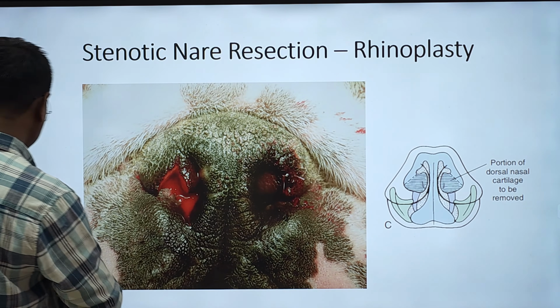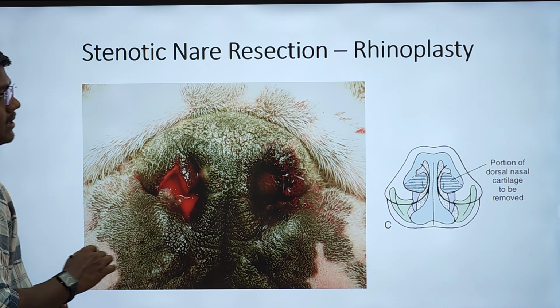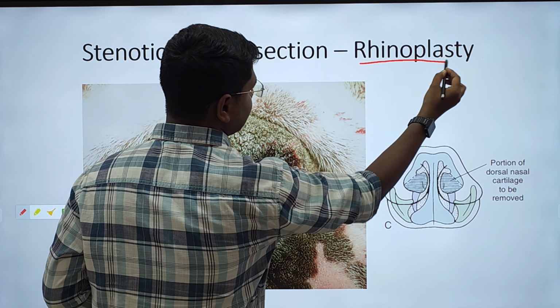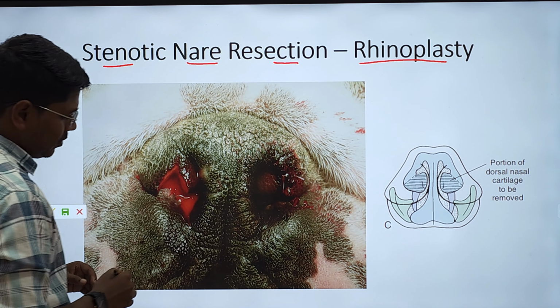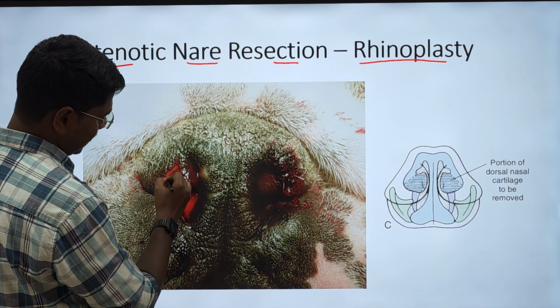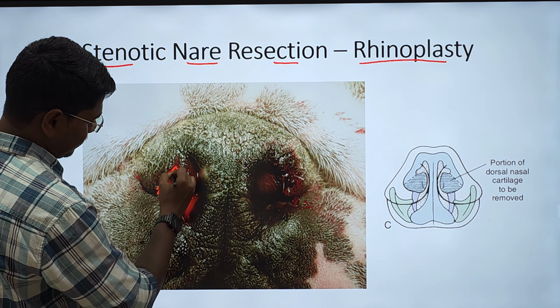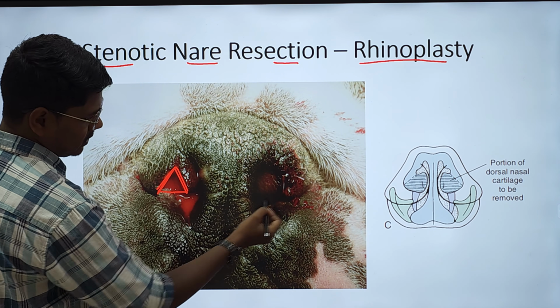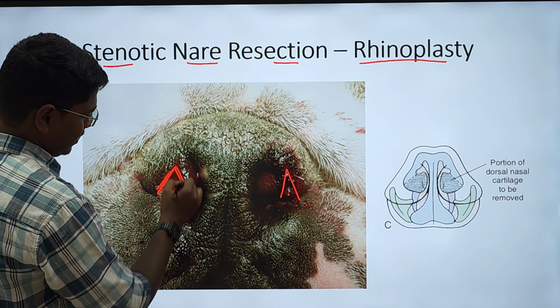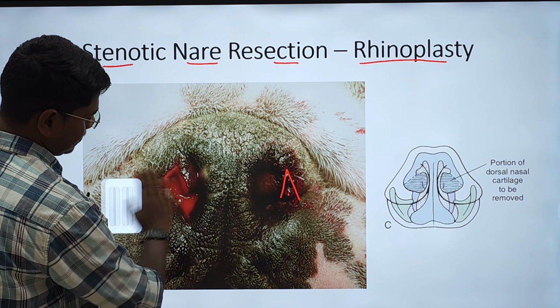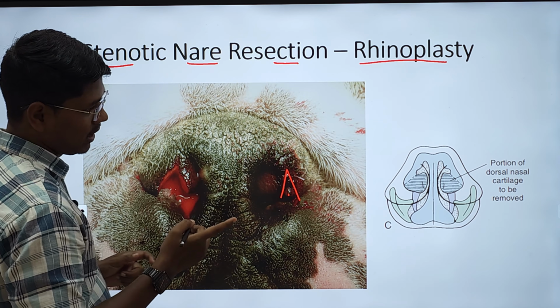Now how to correct them? First is the rhinoplasty. The surgery is rhinoplasty, stenotic nares resection. What you have to do is take a triangular, V-shaped piece from each side. Here it has been sutured after surgery. You can see a V-shaped piece should be removed along with the cartilage.